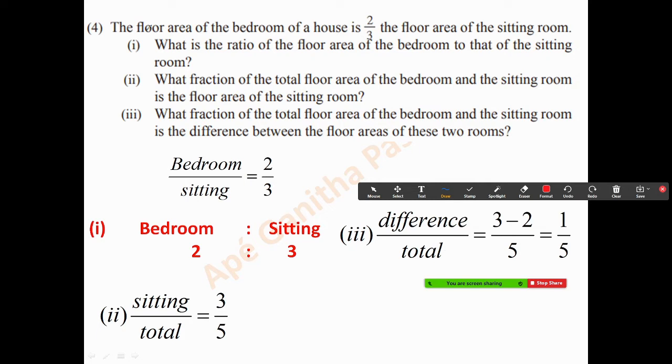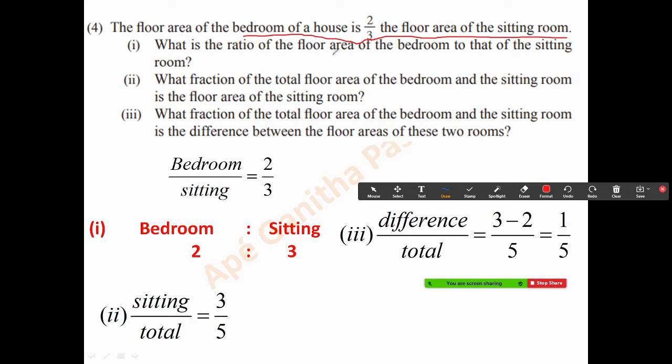See this one. The floor area of the bedroom of a house is 2 over 3 of the floor area of the sitting room.